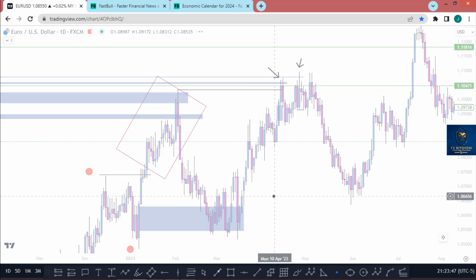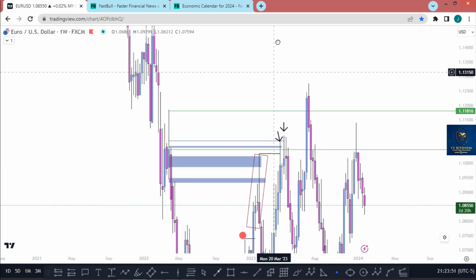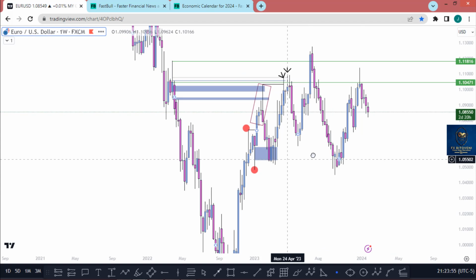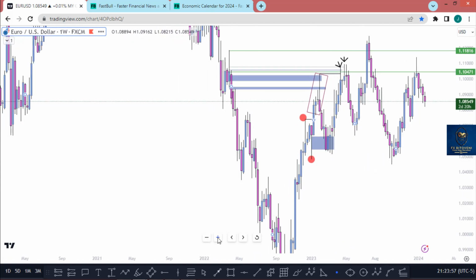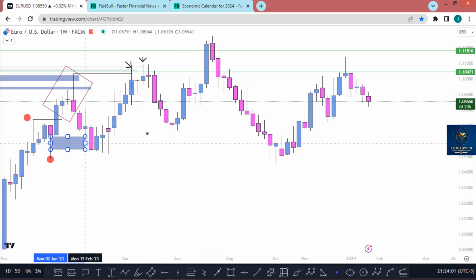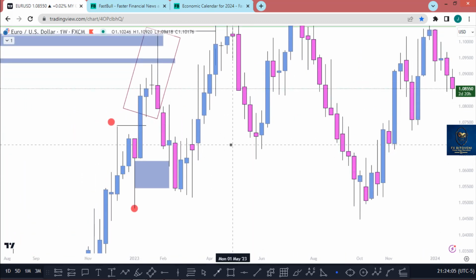Go back to the weekly time frame. Try to see what you have on the weekly time frame within this area.